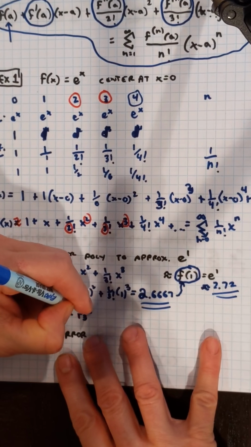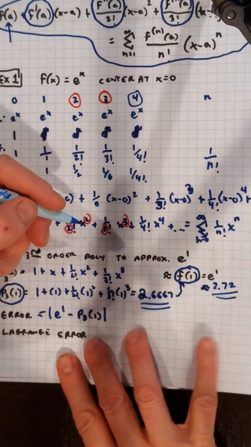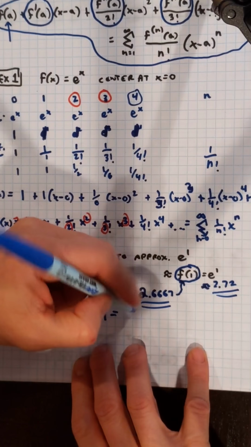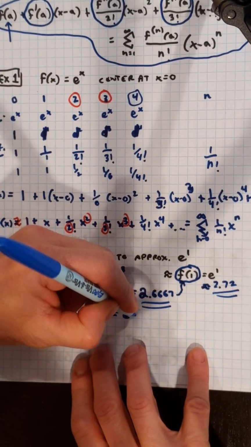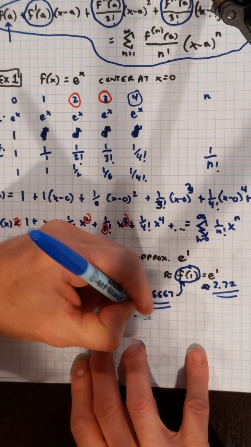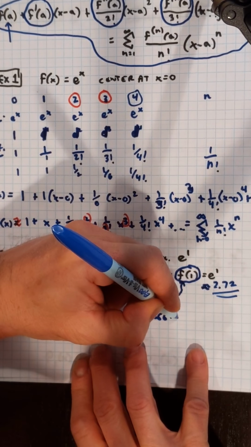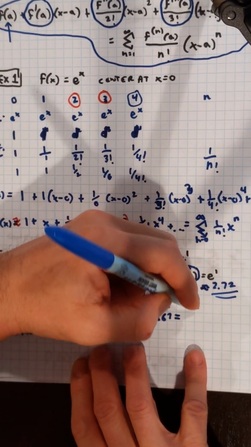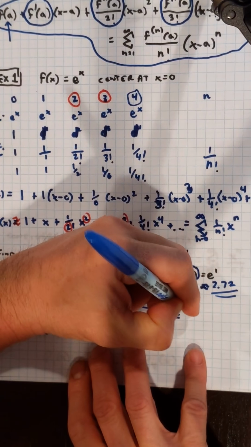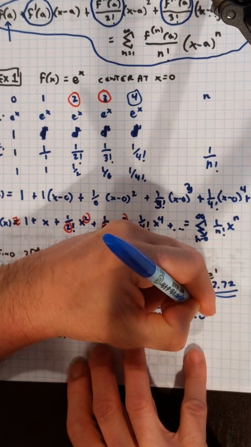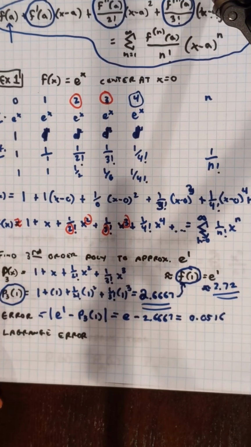If I do a third order error, it's that, which is basically e subtract the 2.6667, which gives me my approximation of an error of 0.0516. And you can confirm those numbers if you like.